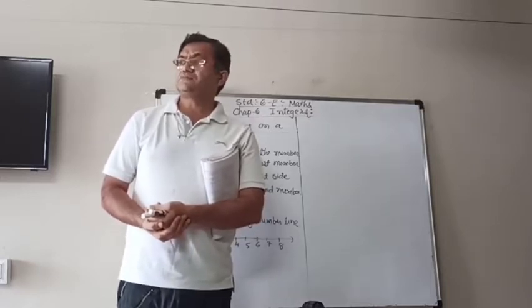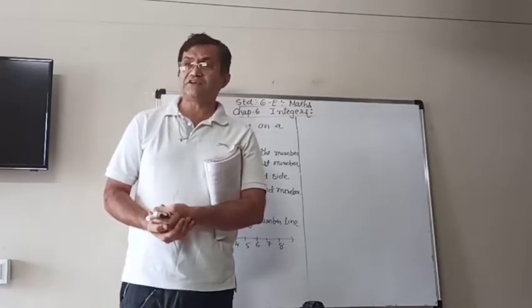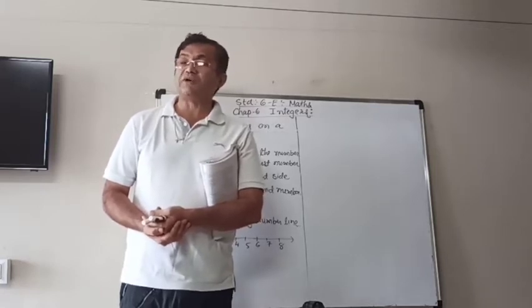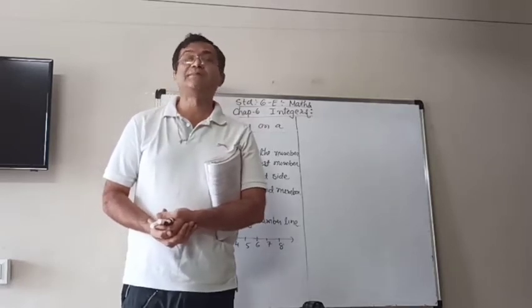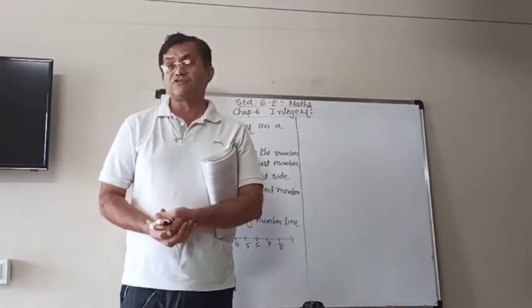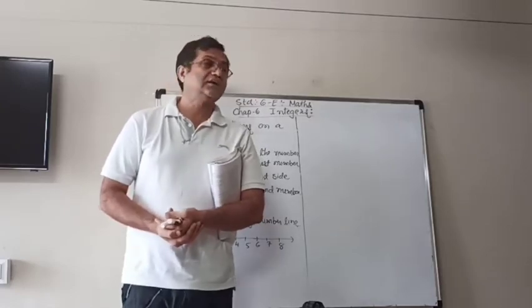Now we are using number line to add the integers. Only when the small integers are there, we can't use them for the big numbers, because we won't be able to draw that much bigger number line.